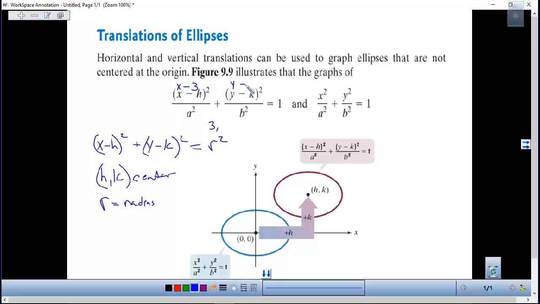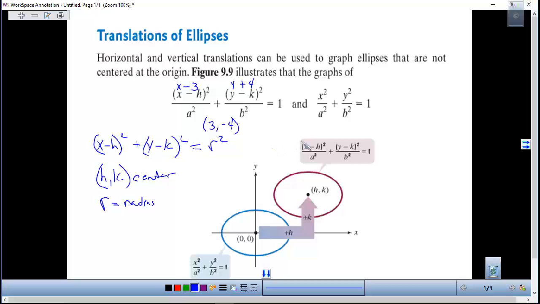And let's say we've got y plus 4, this would have a center at positive 3, negative 4. We change the signs when we pull it out. So if we had x minus 3 squared over, let's say, 5 squared, plus y plus 4 squared over 9 squared, we would have an ellipse that had its center at (3, -4).